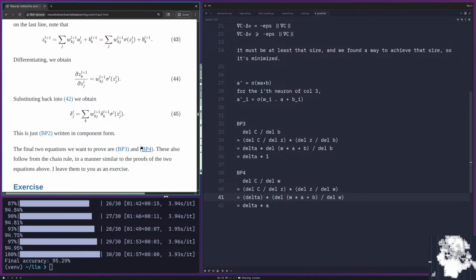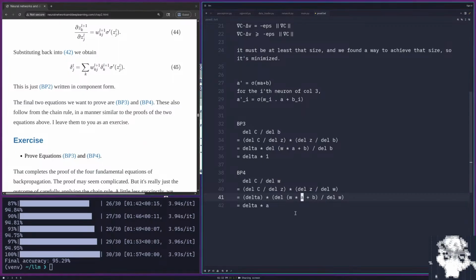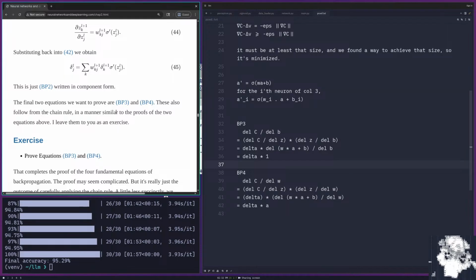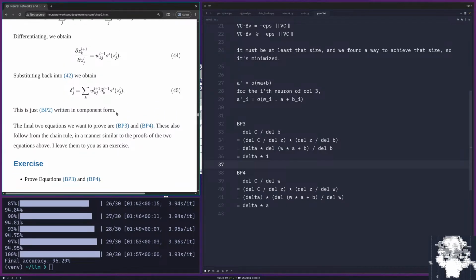Okay, very cool. We actually understand the whole thing now. I just want to see if I can sum it up in an intuitive way. We're trying to figure out the derivative of the cost function with respect to the things we control.